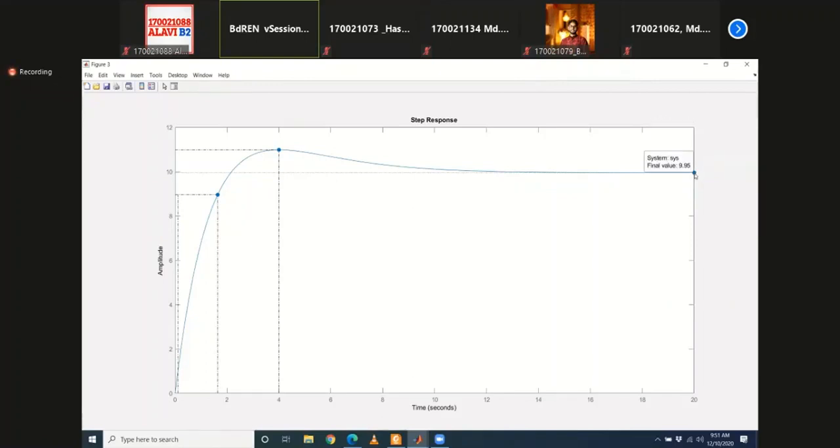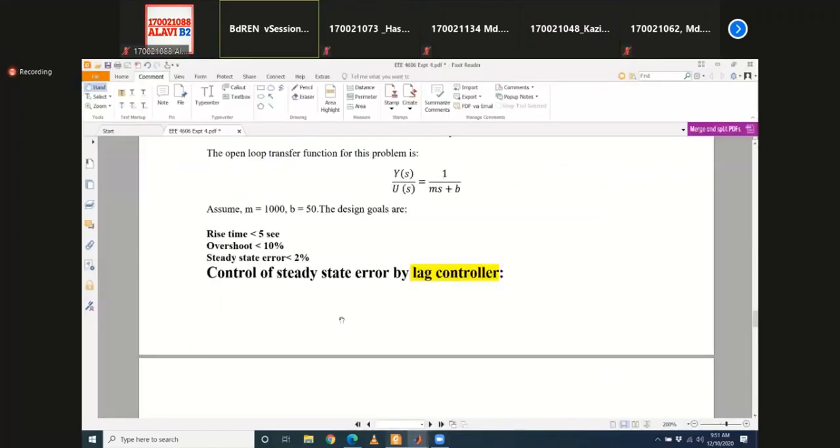I don't think it's 5%. If it were 5%, it should have been 9.5, right? It should be 0.5%, isn't it? Yes, sir. So the steady state error condition has also been fulfilled. It's less than 2%. So all three conditions have been fulfilled, but the overshoot not exactly.